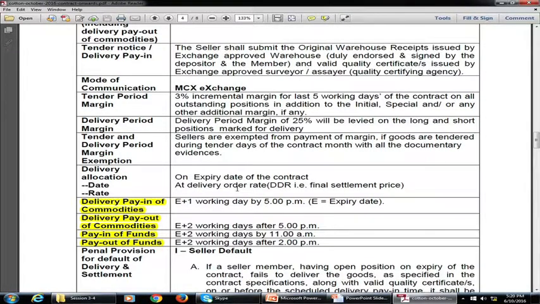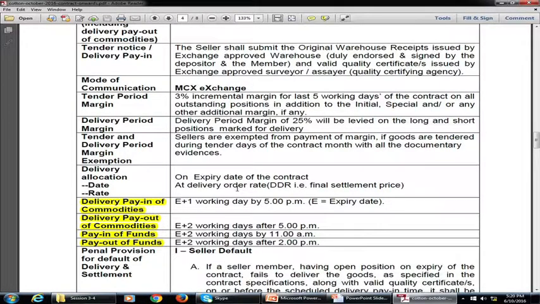Suppose, let us say, on 29th of June 2016, the June contract comes to an end, and on that day you have around 400 contracts open.